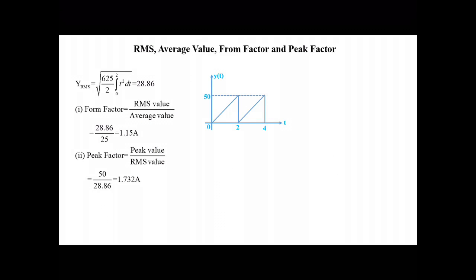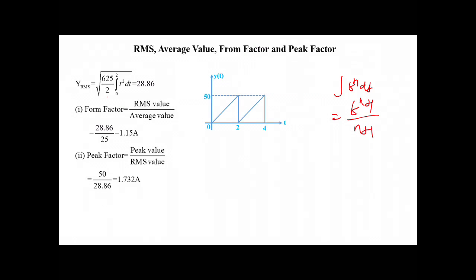So y RMS equals under root 625 by 2 integration 0 to 2 t square dt, and we know the formula for integration of t to the power n dt equals t to the power n plus 1 divided by n plus 1.